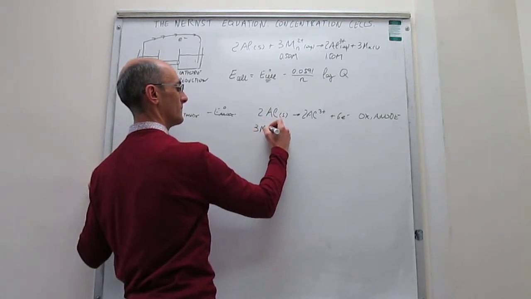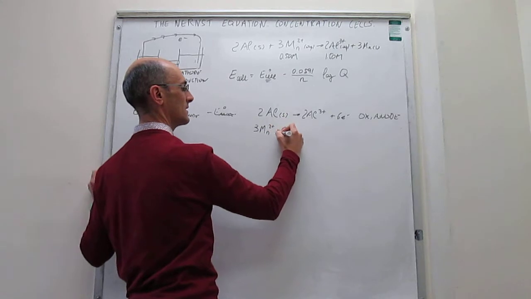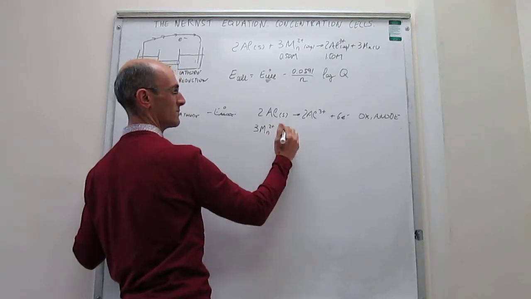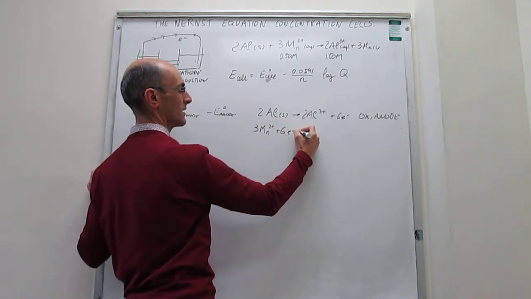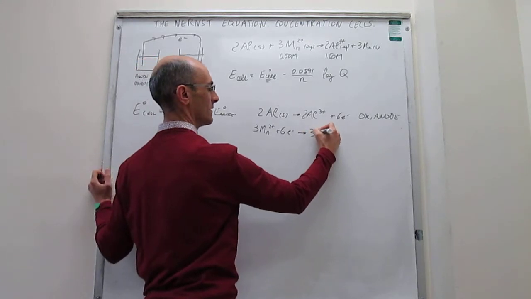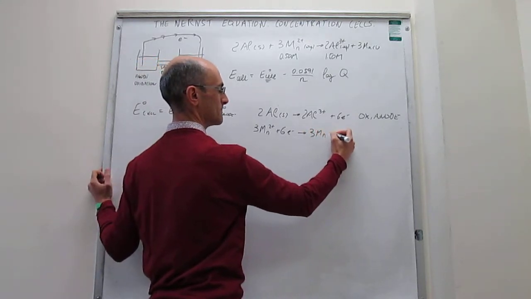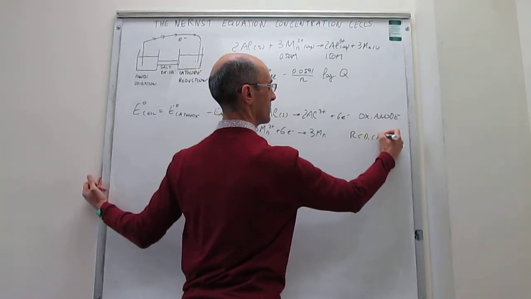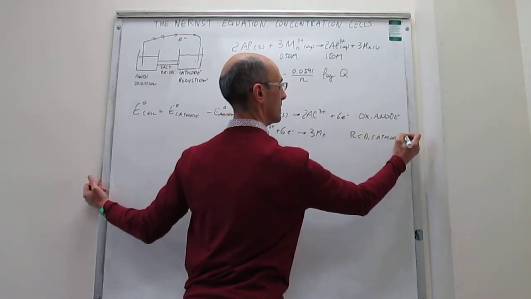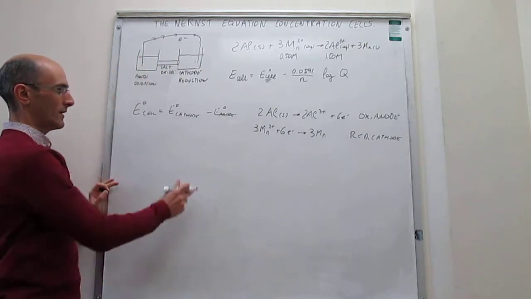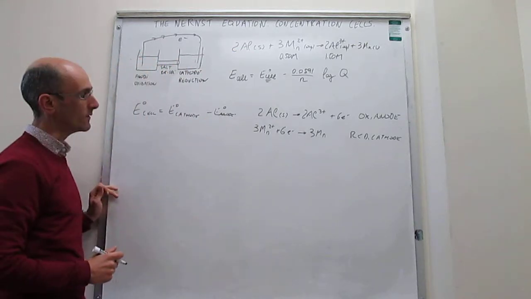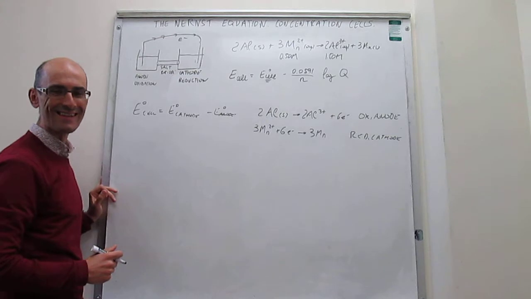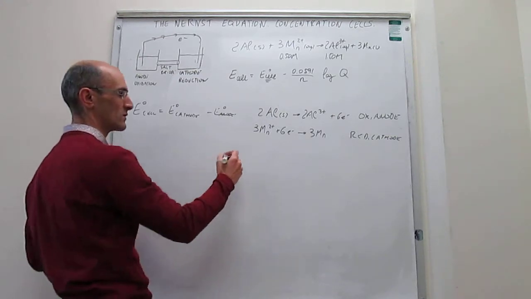So we have here 3 ions of manganese 2 plus 6 electrons to generate 3 atoms of manganese. Okay, so this is your reduction, which takes place in the cathode. All right, so we already have our electrodes, and then we can just look at the tables for the standard reduction potentials of each one of those pairs.